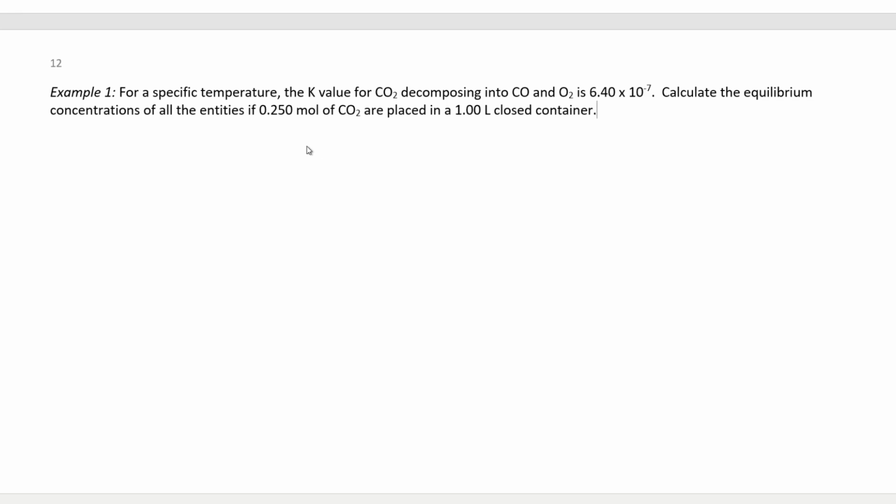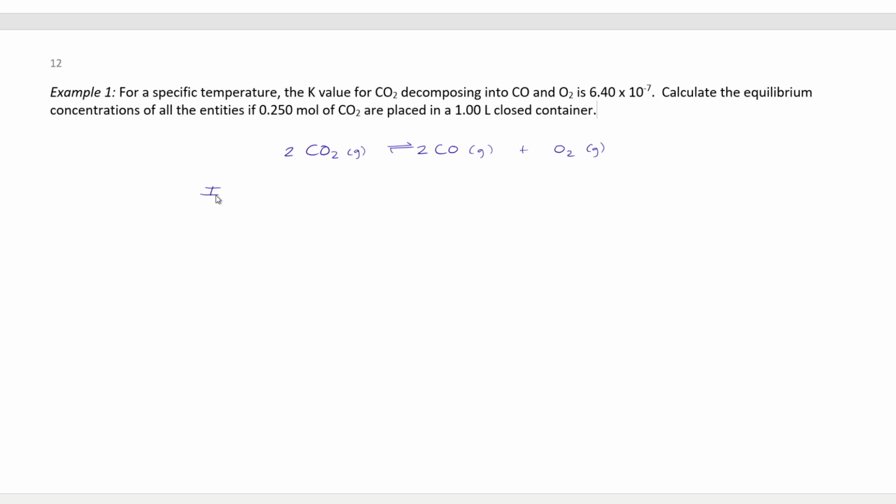And the chemical reaction here is carbon dioxide gas is in equilibrium with carbon monoxide gas and oxygen gas. Okay. I balance the reaction 2 and 2. Given the K value right here at 6.4 times 10 to the negative 7, again, I know that very little of the CO2 will in fact decompose into carbon monoxide and oxygen, however some will.